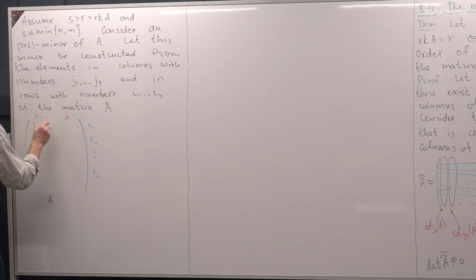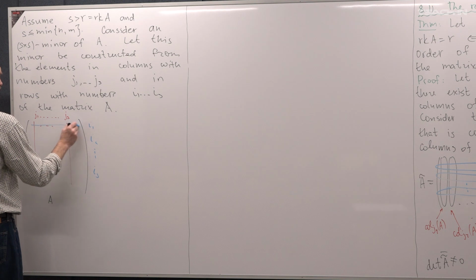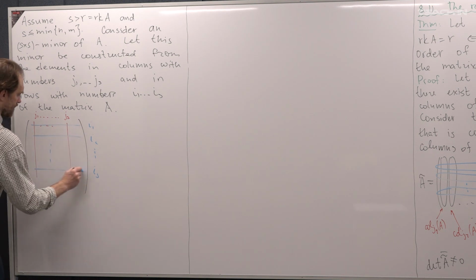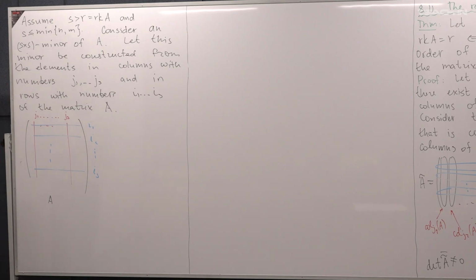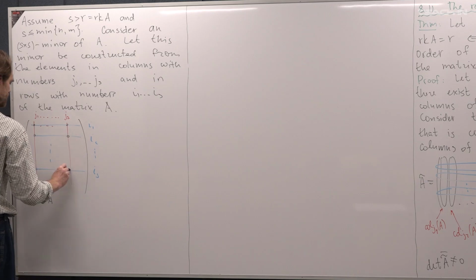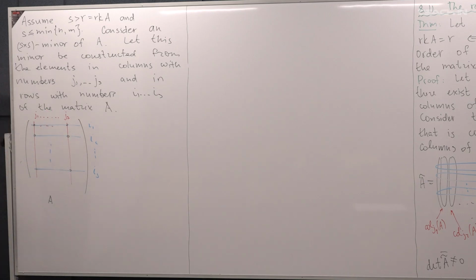What is on the intersection of these columns and these rows forms the S by S minor that we consider. So it consists of the elements that are in these positions of the matrix A.